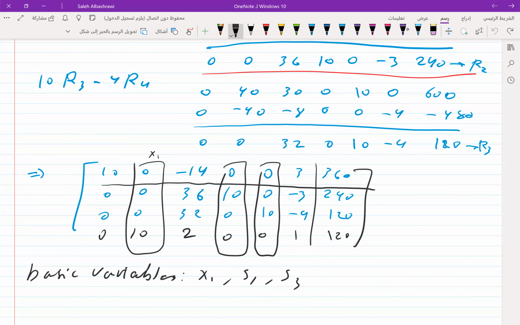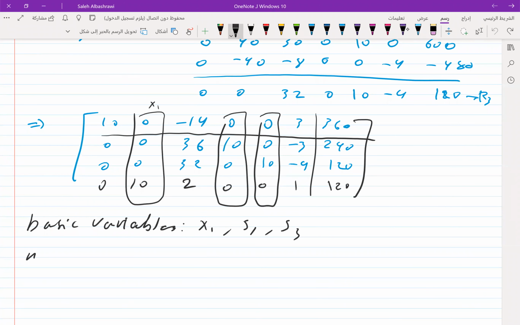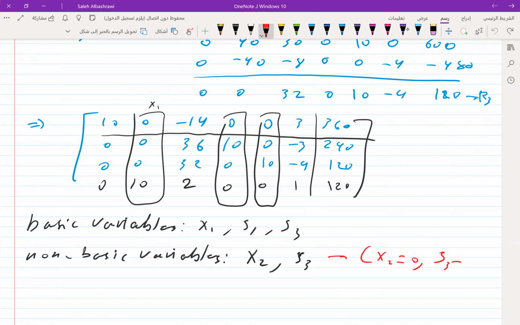This is b. The others we call non-basic. These are x2 and s3. When we say they are non-basic variables, it means we can set them to be 0 in this step. But for x1, s1, s3, we can find some values for them.